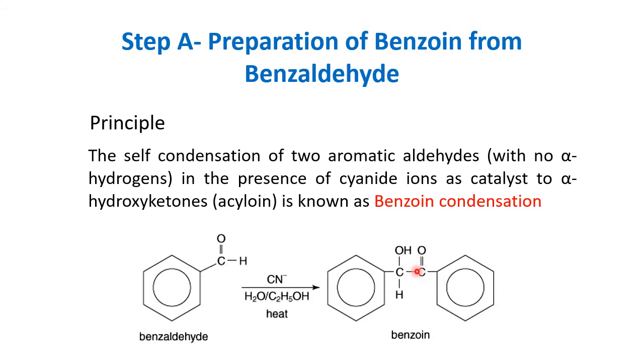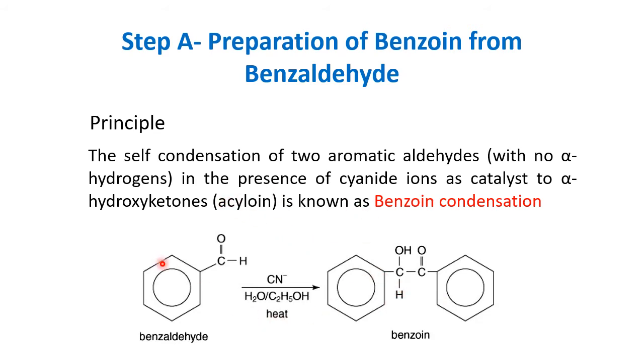These alpha hydroxy ketones are known as acyloins, and if the aldehyde you are using is benzaldehyde, then it is known as benzoin. So an acyloin is basically the class of aromatic compounds which are alpha hydroxy ketones.